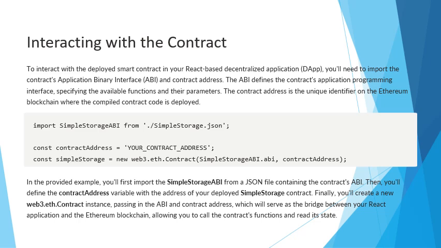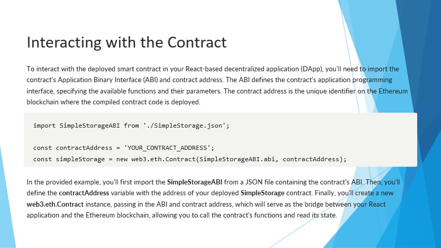To interact with the deployed smart contract, we'll need to import the contract's application binary interface and contract address. The ABI defines the contract application's programming interface, specifying the available functions and the parameters.